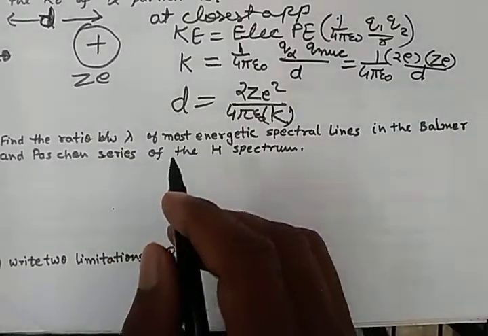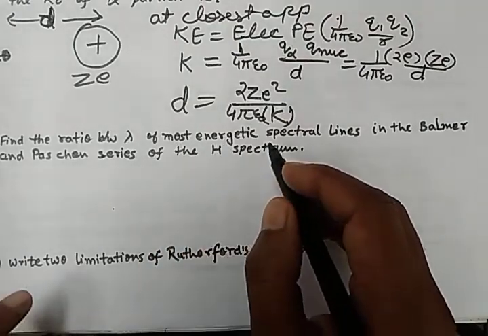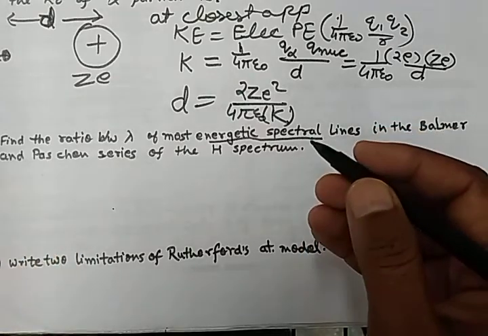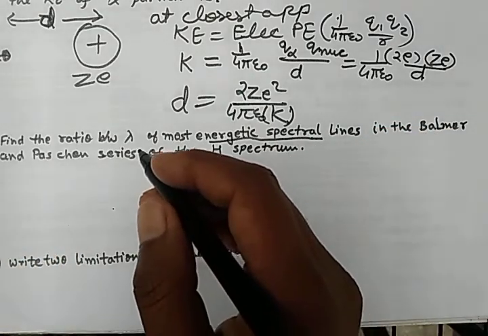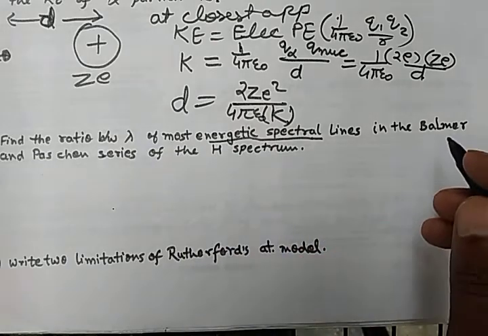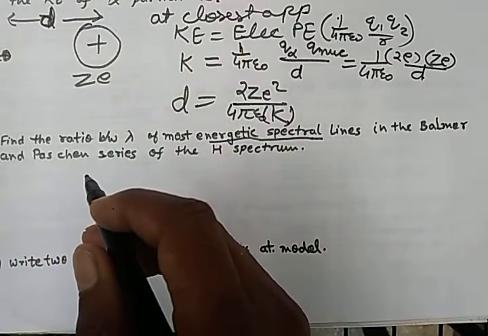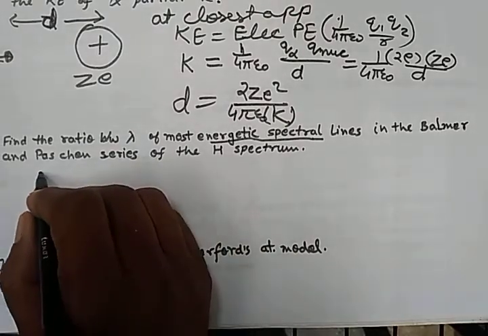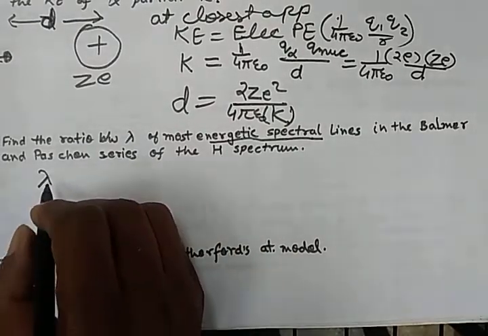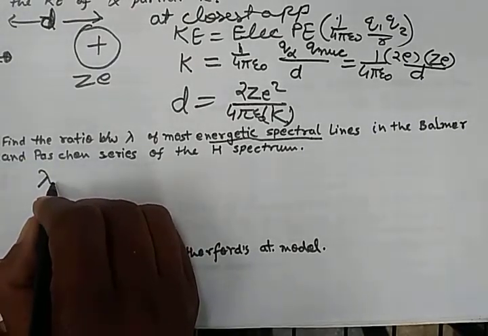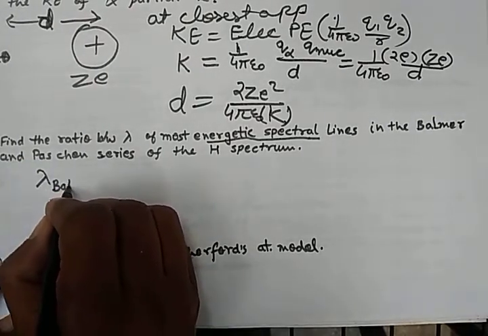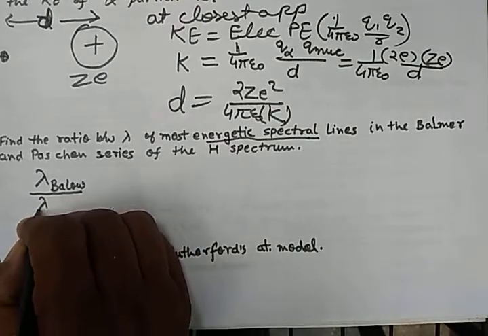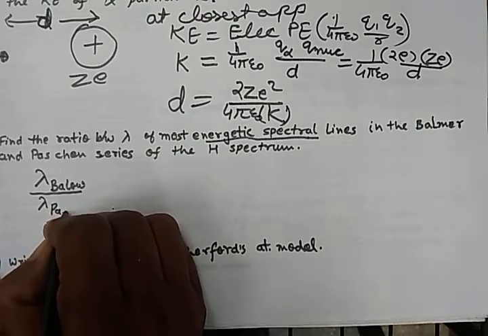Find the ratio between the wavelength of the most energetic, meaning which has the highest frequency, most energetic means lowest wavelength, lowest wavelength of Balmer and lowest wavelength of Paschen. So we have to find lambda Balmer lowest upon lambda Paschen lowest.